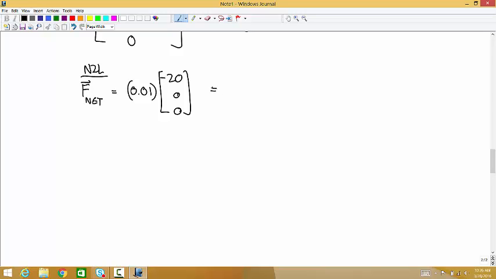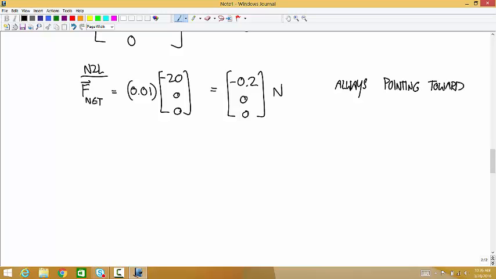So that's equal to 0.2, negative 0, 0 newtons. It's always pointing towards the center of the circular motion.